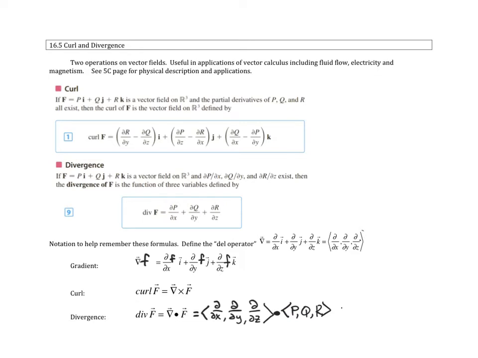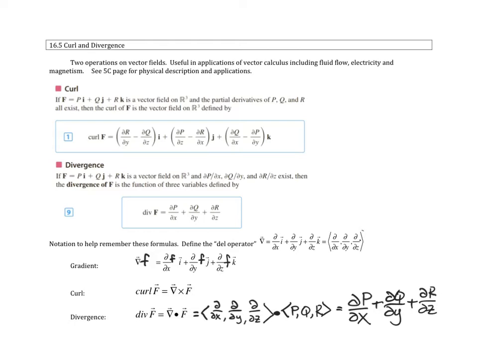Okay, so you can't actually multiply those. This has no meaning by itself. But if I put them together and think of the meaning, partial of P with respect to x, that's what we're going to do. Think of multiplying these. That's not really the real operation, but partial of Q with respect to y, and these last two, partial of R with respect to z. So again, it's just a tool that helps us remember the formula.